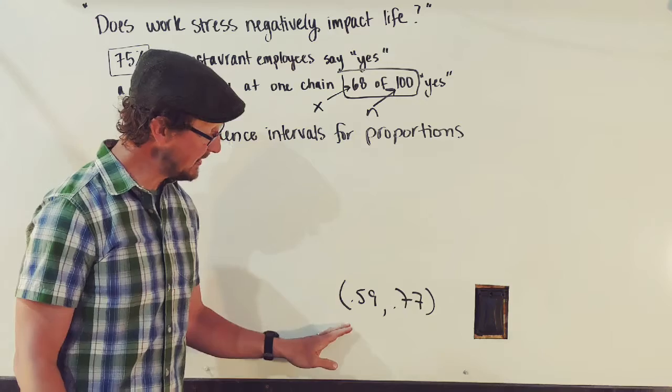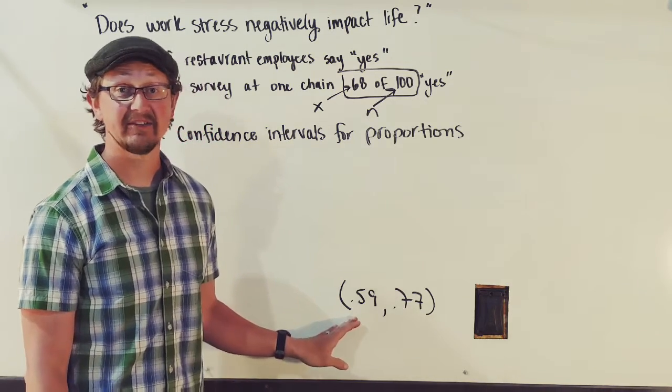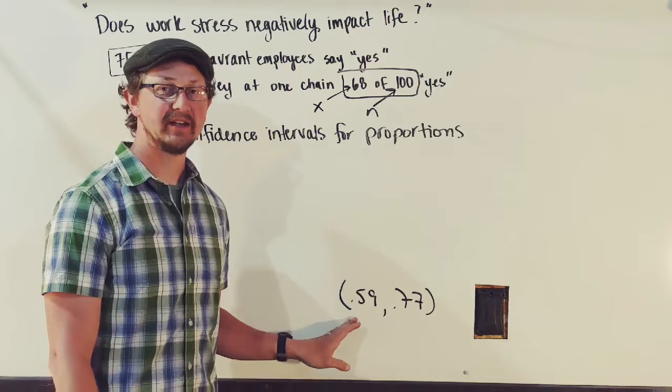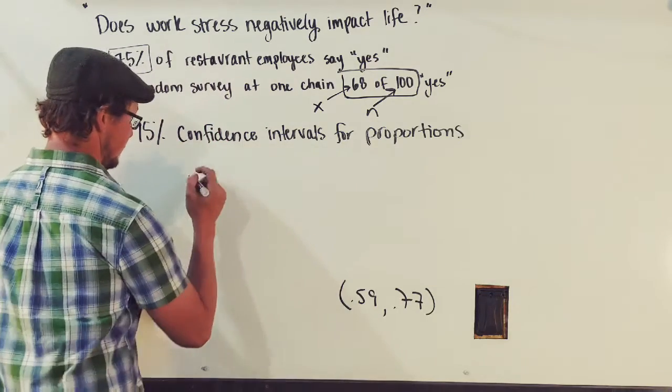All right, so I'm leaving the confidence interval that I came up with using my TI calculator right here so we can apply that to the context of the problem. Step 4, context.